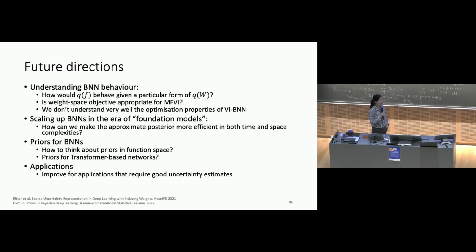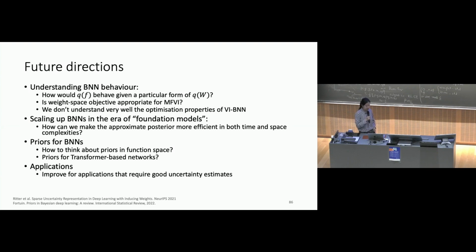Even low rank covariance methods are just not going to work in terms of memory. So how can we make the approximate procedure more efficient in both time and space complexity so that we can scale to billions of parameters? That is still an active question and a key question to be addressed in this field.